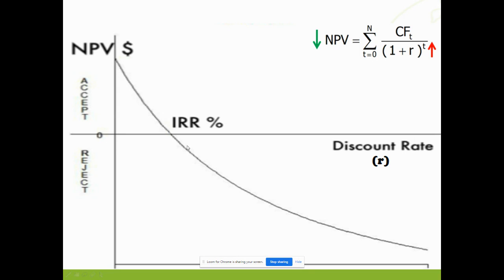Of course, when the NPV is positive, we accept the investment, while if the NPV is below zero, negative, then we will reject the investment. And the point where the NPV equals zero, the discount rate at this point is what we call IRR, internal rate of return.